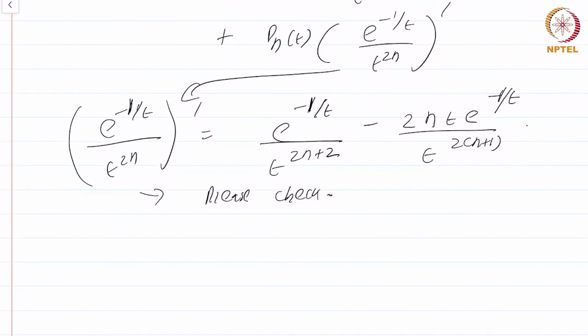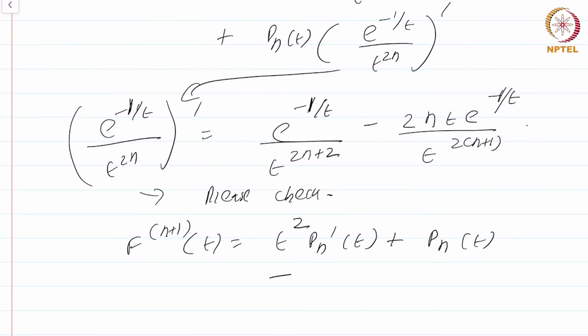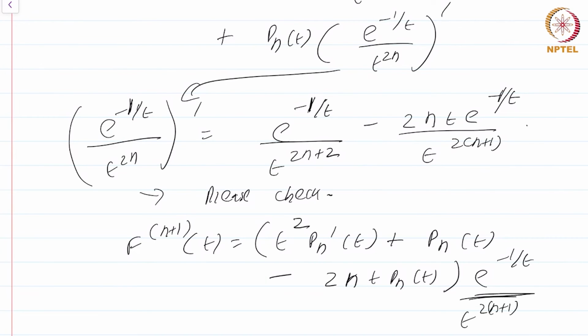Now what does all this give us? It's going to give that the n plus 1th derivative of f at t is nothing but t squared pn prime of t plus pn of t minus 2n t pn of t, the whole multiplied by e power minus 1 by t by t power 2n plus 1.